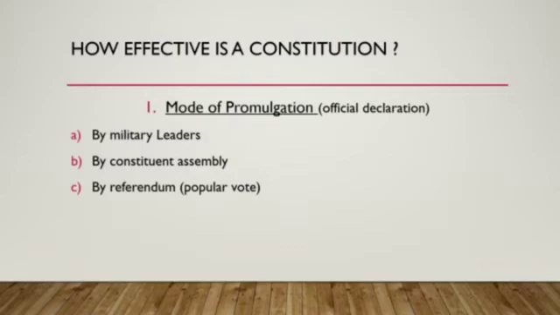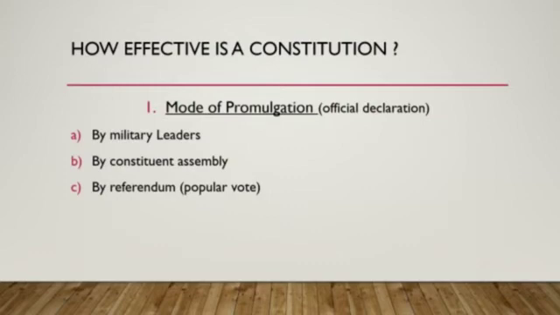Third mode of promulgation is by referendum, means voting. Some countries have subjected their constitution to a full-fledged referendum, where all the people vote on the desirability of a constitution according to their choice. In such a type of constitution, a referendum is held in a country and people choose their constitution by their choice.